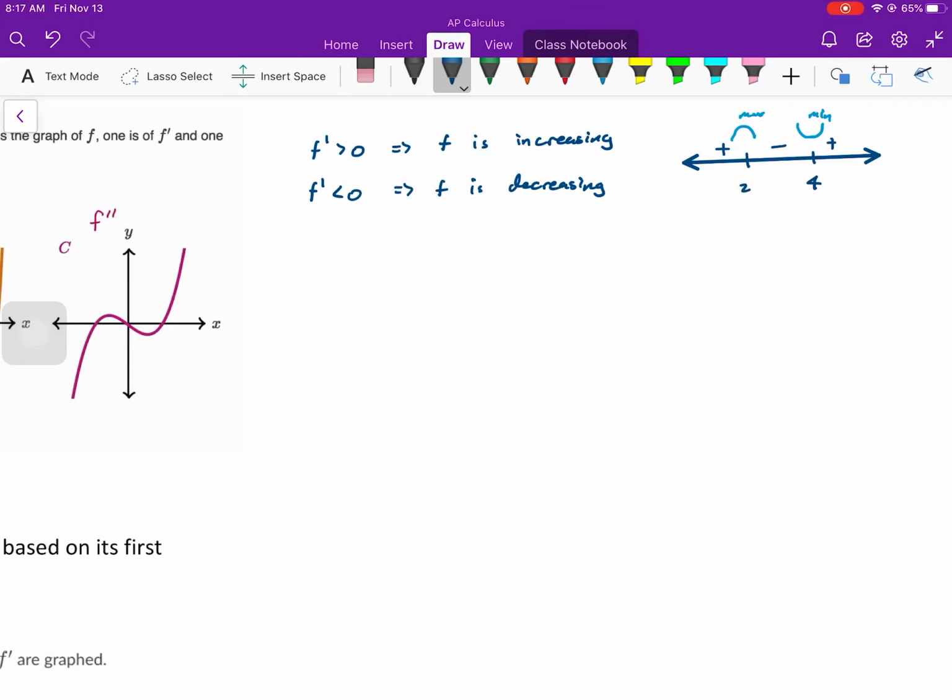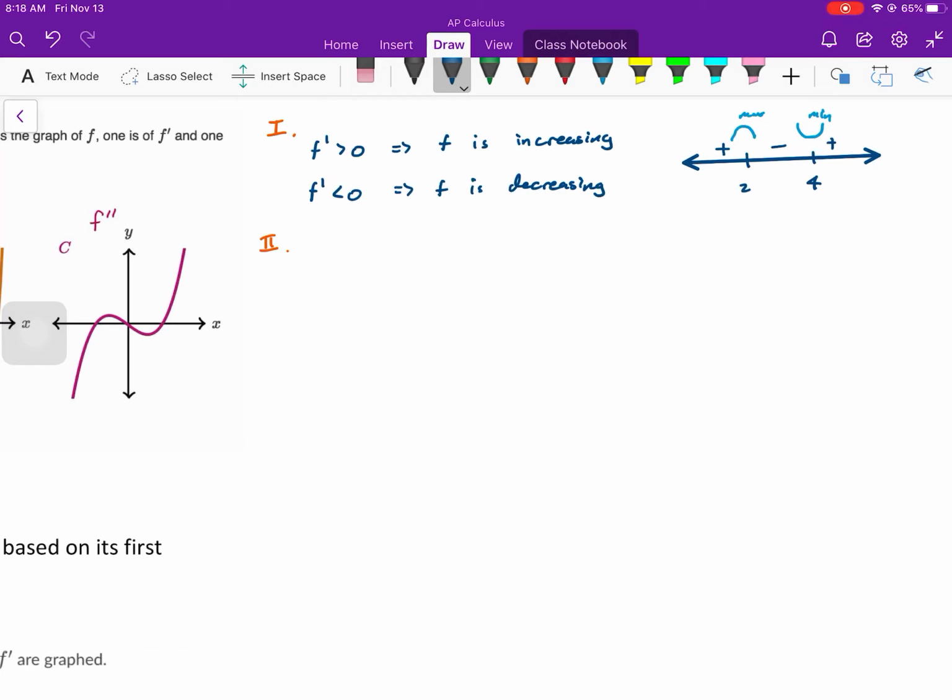All right, there's one more thing f prime can tell us about f. But we actually don't really use f prime for it, and we're going to talk about that. Let me just see if I can mark this off. So here's the second thing.